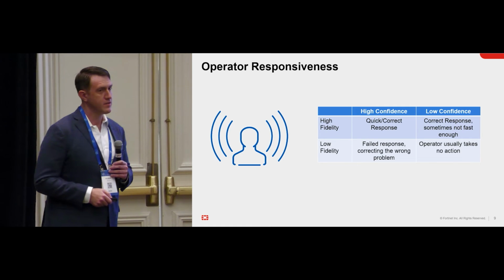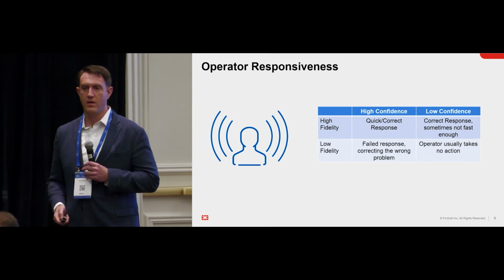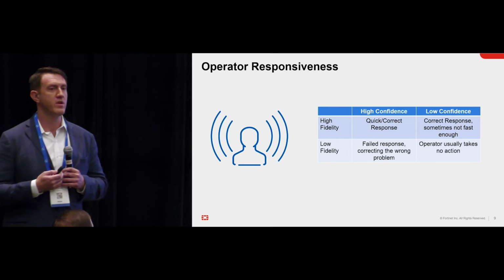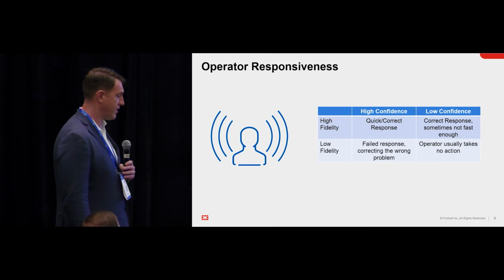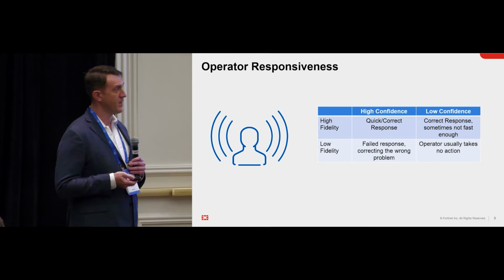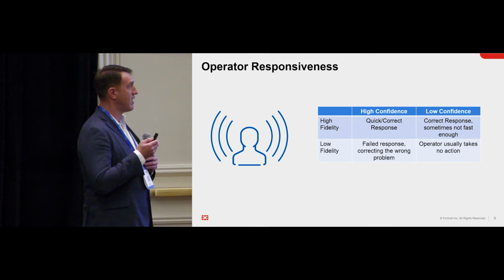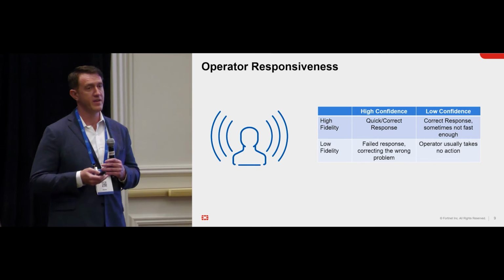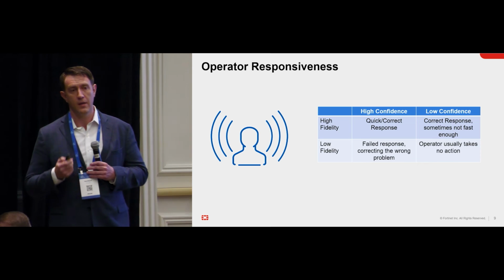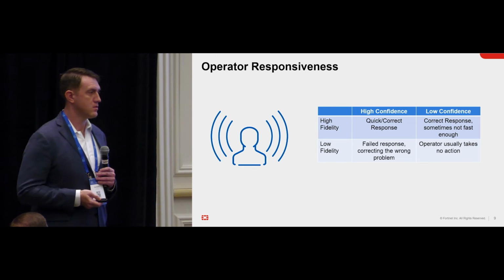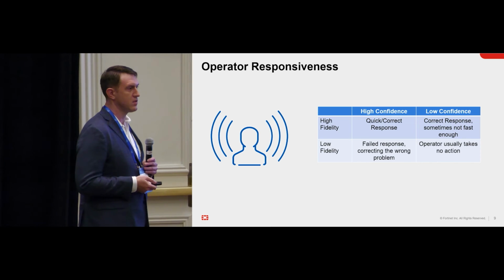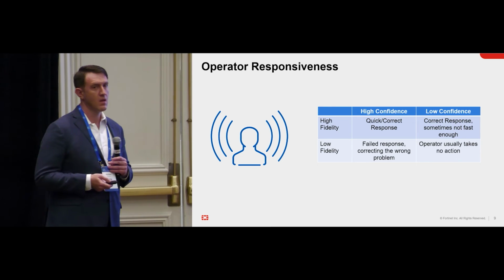And so what are some factors in operator responsiveness, right? We're talking about trying to give you more response time, but how do we improve your ability to respond? And so when we look at the data that we have, right? If we have high fidelity, low fidelity data, we have high confidence and low confidence. What are some things that would cause low confidence? A commonly failed alarm, right? Or a false alarm.